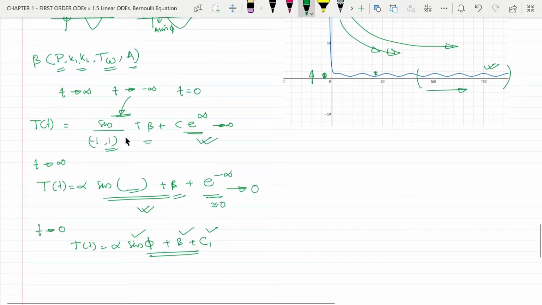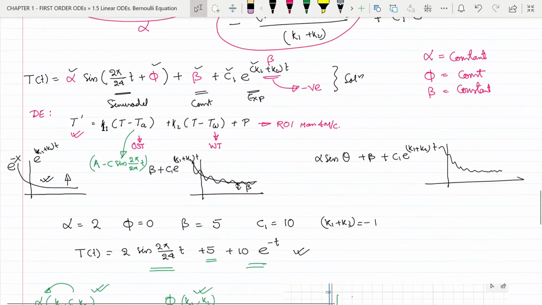So this point of intersection of the graph with the axis is given by alpha sine phi plus beta plus c1. So alpha, phi, beta and c1 also contribute to the point at which the graph intersects with the y-axis. So this is how these constituent terms contribute to the final solution, which is this one.